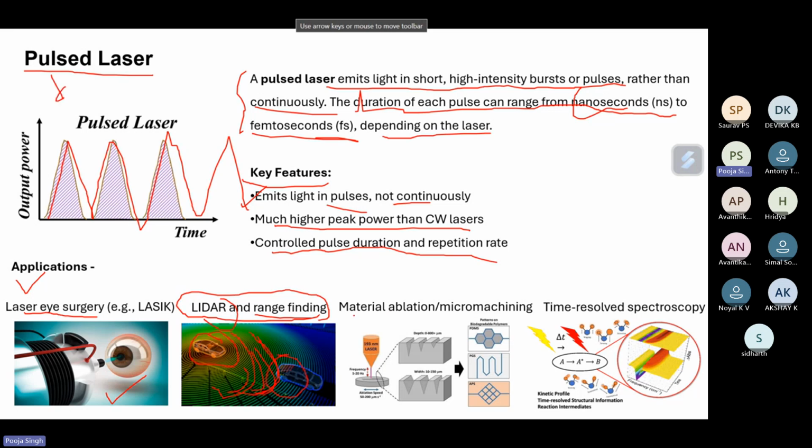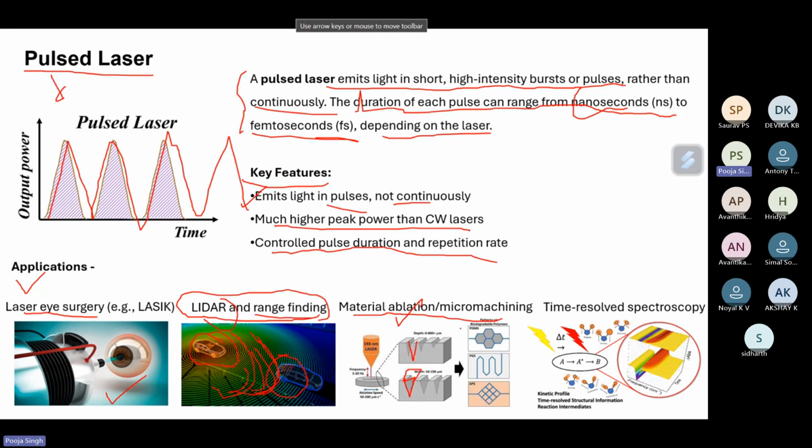Now the material ablation and micromachining. This is also a part of the medicinal purpose. If you are putting the laser light, you can design how much depth you have to cut, or what kind of shape you want to give.